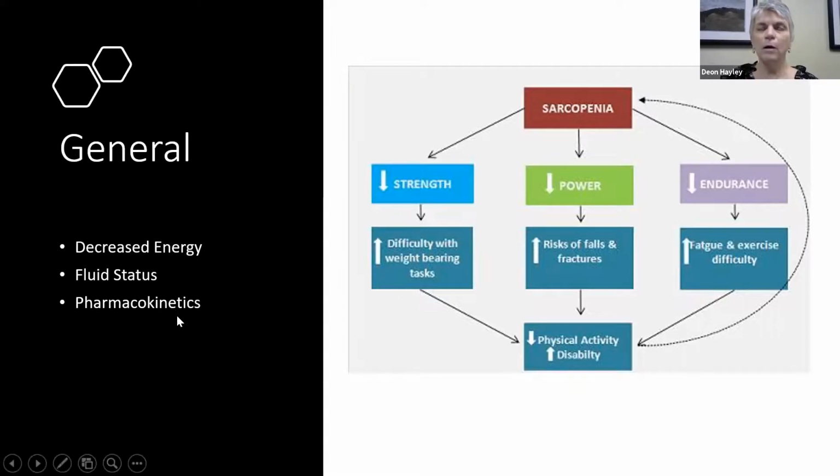Pharmacokinetic refers to medications. As I said before, it's the way that you metabolize medications with age. There are more sensitivities and more concerns about that. So we have to be really careful with dosages of medications and multiple medications as you get older.